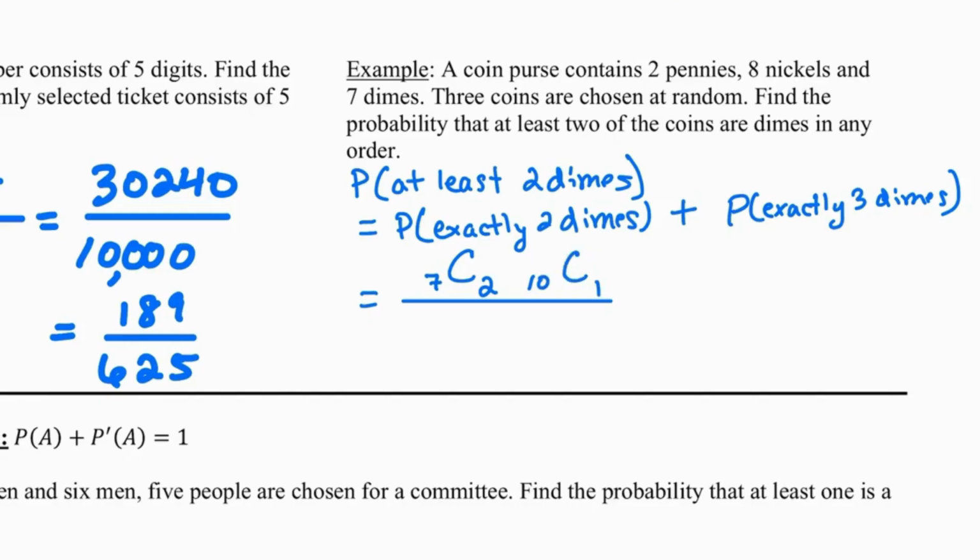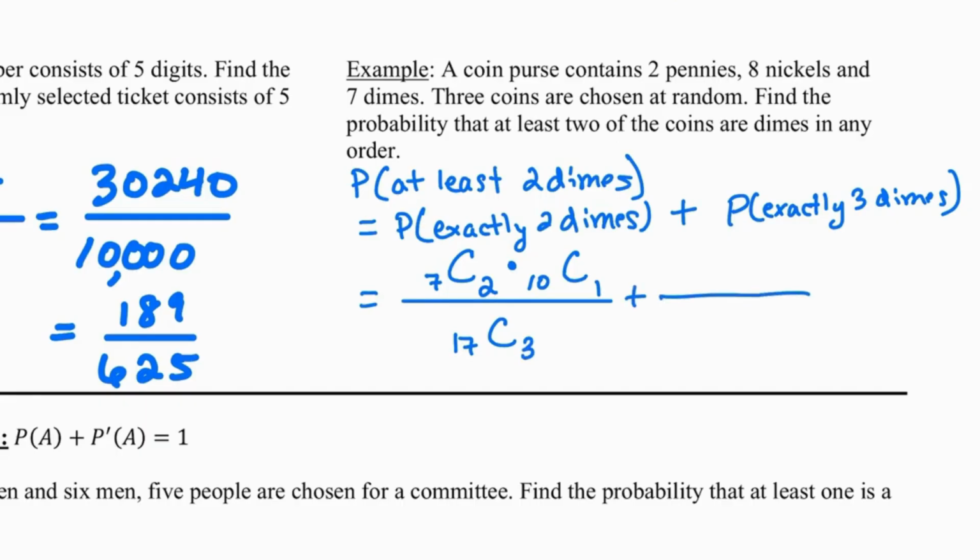Now, I want a situation where I am pulling 2 dimes exactly and 1 penny or nickel. This is one event, so I'm going to multiply those two. Well, how do I find out the total number of ways of pulling 3 coins? Well, there are 17 coins, and I want 3 of them, and the order doesn't matter, so I'm going to do that as a combination.